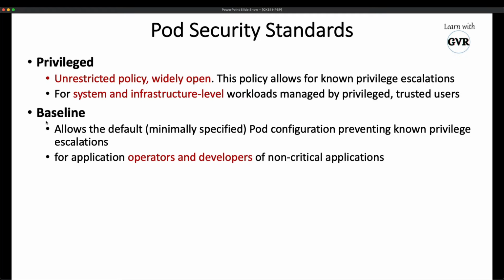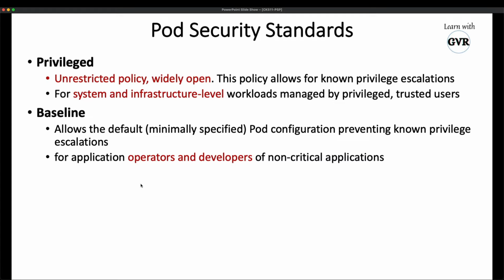Then you can define some baseline for all the pods that are going to be created. Once you set the standard as baseline, every pod any developer creates will automatically have such rights. So for whom is it better? Operators and developers, for non-critical applications. Of course, baseline means it has some restrictions.